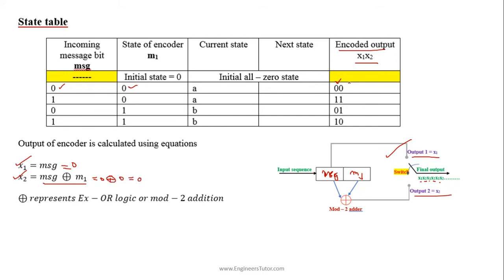So the output of the encoder will be 00. Similarly, we can find the output of the encoder using these equations. Here this symbol represents XOR logic, or modulo 2 addition.